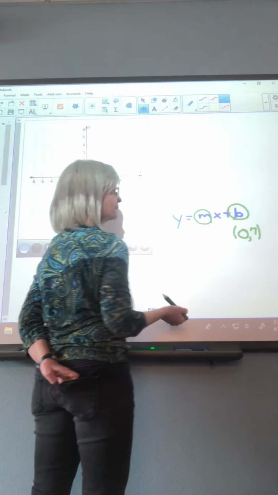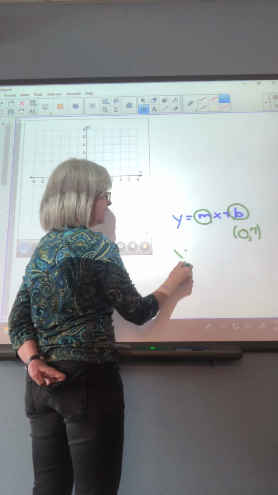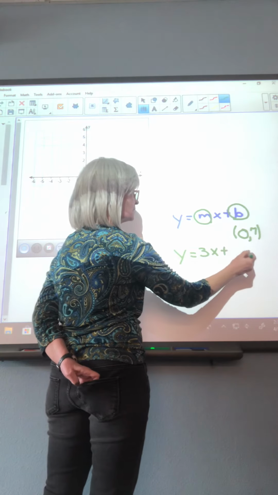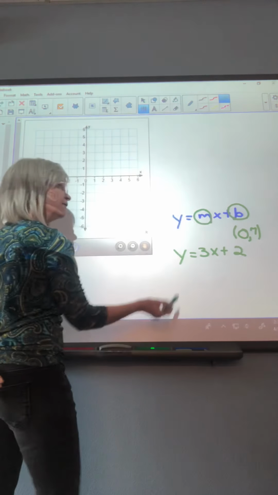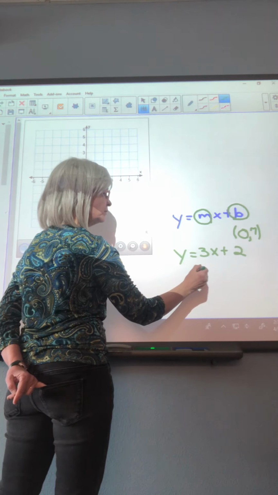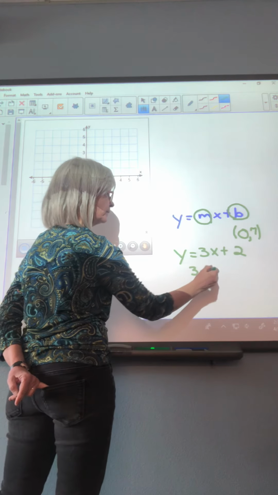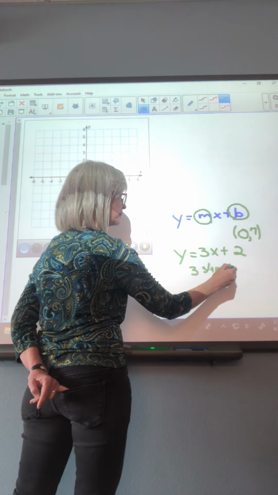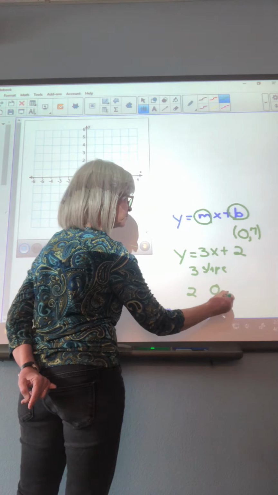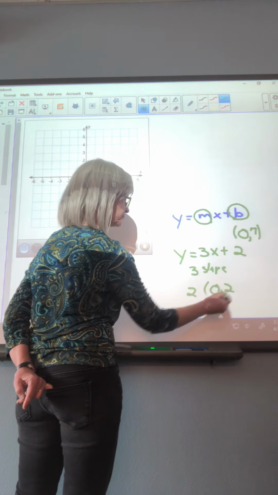Okay? And so if I had y is equal to 3x plus 2, this would mean the 3 is representing the m, so the 3 would be the slope. The 2 would be the y-intercept, so that would be the point 0, 2.